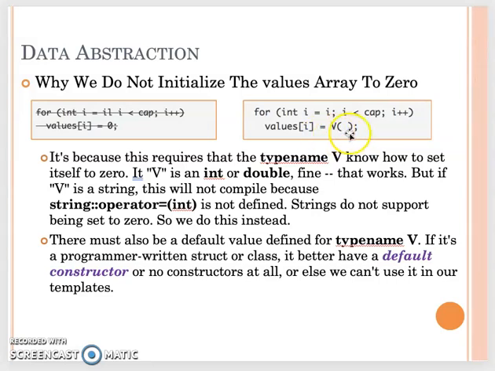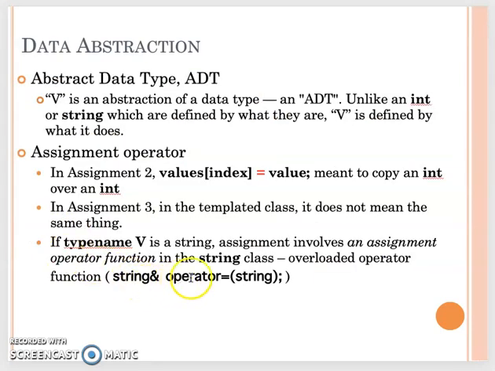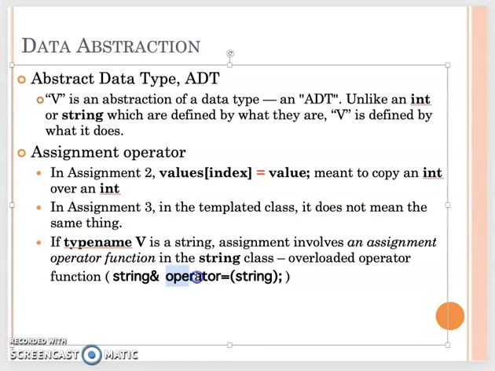So sometimes in the user-defined class or struct, we may need to overwrite the assignment operator function, the assignment operator overloaded function. For example, for the string class, this assignment operator function will look like this. Remember our assignment operator function always has the keyword operator. Since here our operator is the equal sign, we put the equal sign.